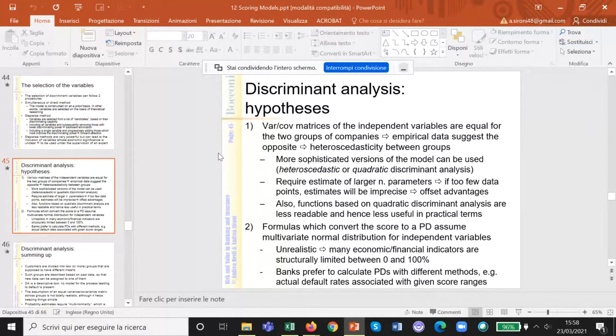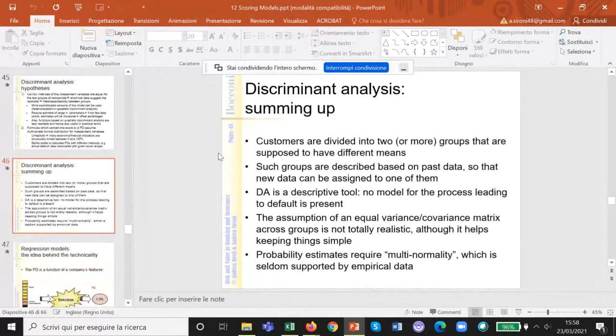But again, I want to stress what I mentioned already, i.e. banks typically do not use a discriminant analysis model to estimate PD directly, but rather they use them to estimate a score, then based on the score assign a rating, and then based on the rating compute probabilities of default, okay?